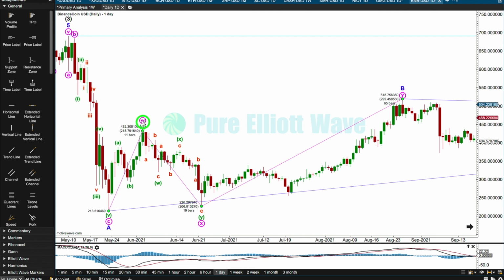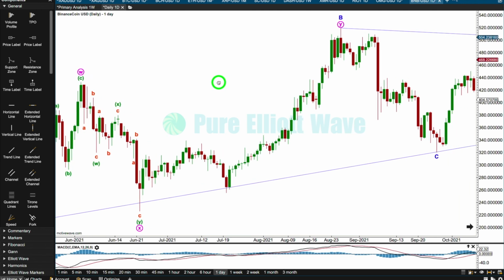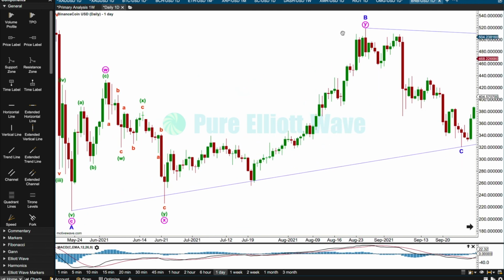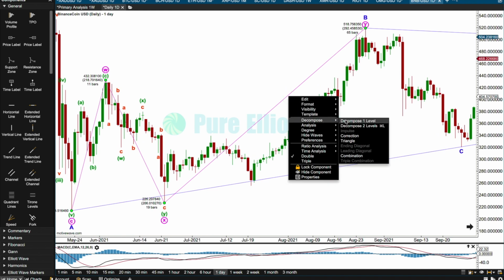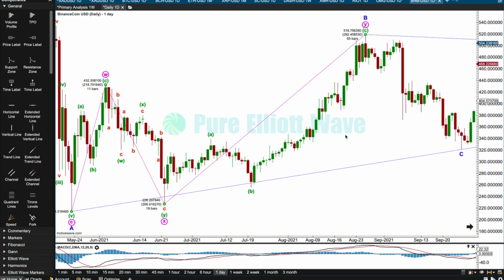But you can't label W, Y, or Z as multiples, because that multiplies the maximum number of corrective structures beyond 3 and violates the Elliott wave rule. That is the most commonly misunderstood and broken Elliott wave rule.